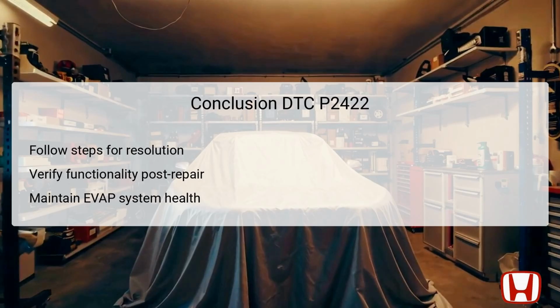It is equally crucial to verify the effectiveness of the repairs through final diagnostic checks and a comprehensive test drive to ensure the vehicle operates as intended. Moreover, regular maintenance of the EVAP system components can drastically reduce the likelihood of encountering this issue again. By staying proactive in your approach and recognizing the importance of these components, the longevity and efficiency of your Honda Civic's emission system can be greatly enhanced.